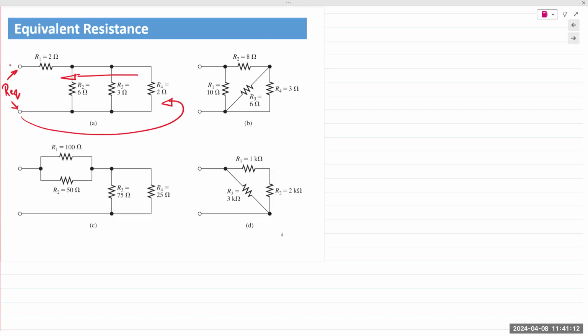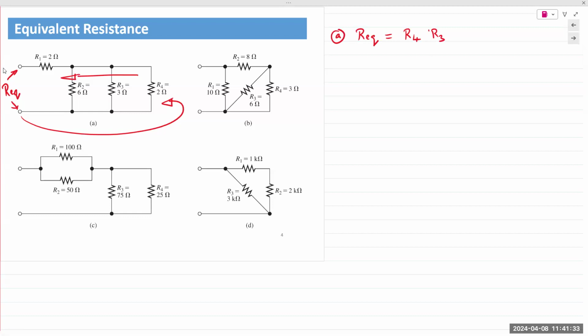So for A, if I wish to find Req, I would start at the farthest end. I have R4. Then the next resistor up is R3. What can I say of the relationship between R4 and R3?